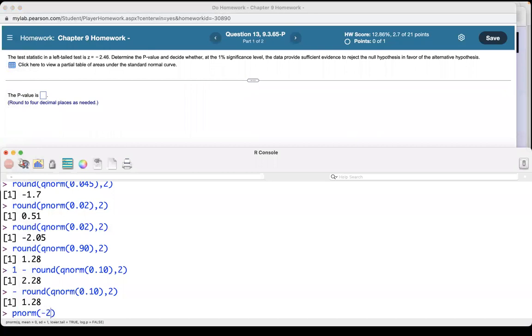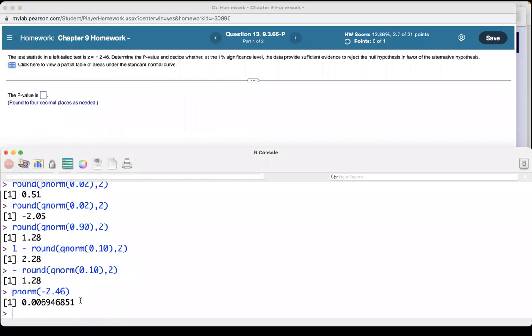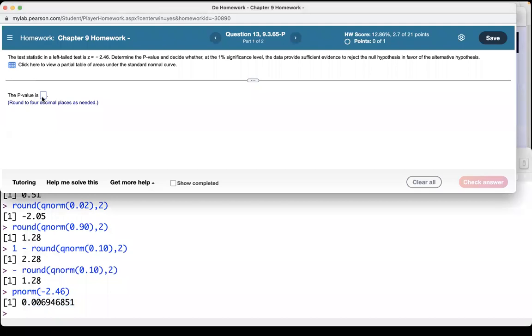And so I would do p norm negative 2.46. Now, I do not need to do anything else to this. This is just a left-tailed, it's one-tailed test. Our p-value that we're going to get is 0.0069. Okay, so if we want to round to 4 decimal places, that would be it, 0.0069. That's the p-value. It's less than 0.01. So that means that we would reject the null hypothesis. Okay, and that's how we find the p-value.